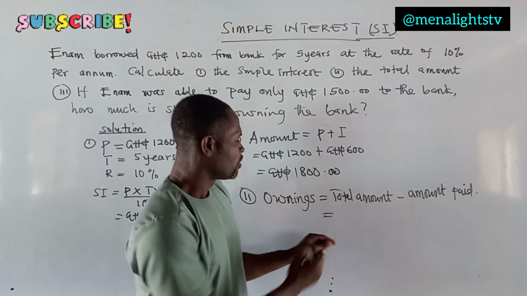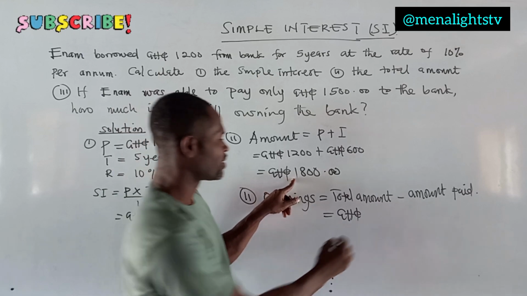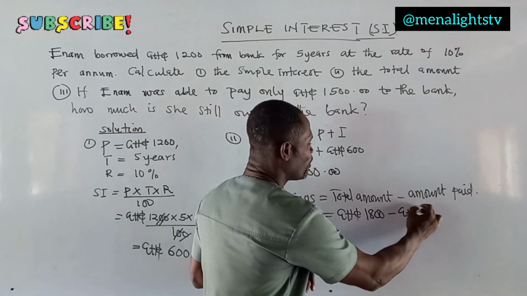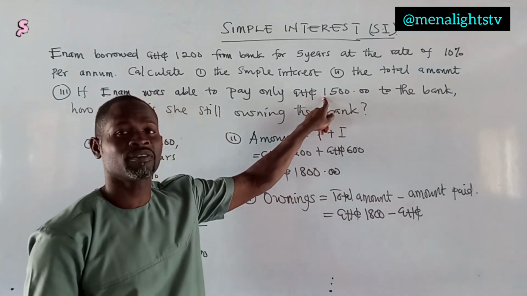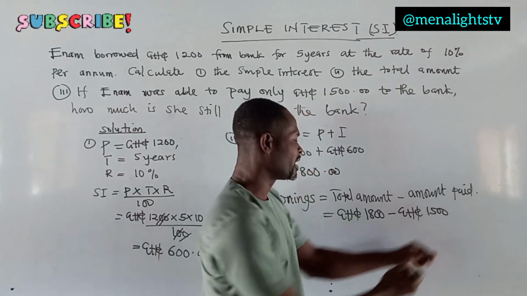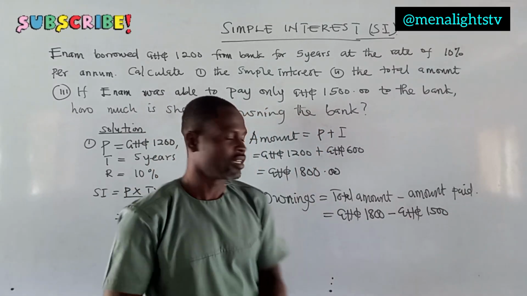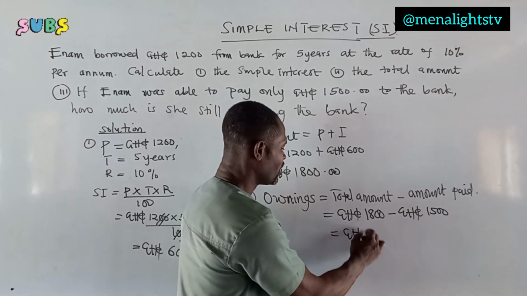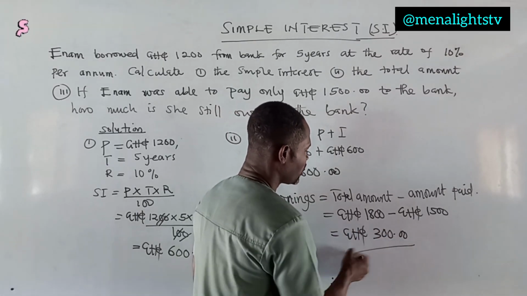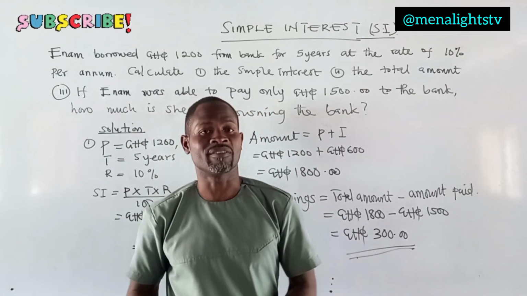The total amount Edna has to pay is 1,800, but Edna was able to pay only 1,500. So we need to deduct the 1,500 from 1,800. That means we get a difference of 300, which means Edna is still owing the bank an amount of 300 cedis.